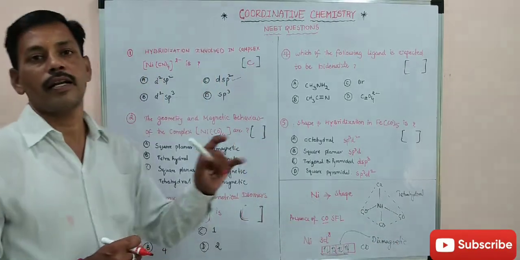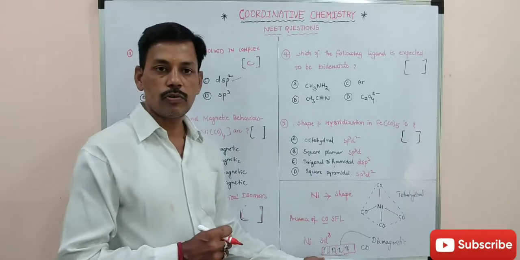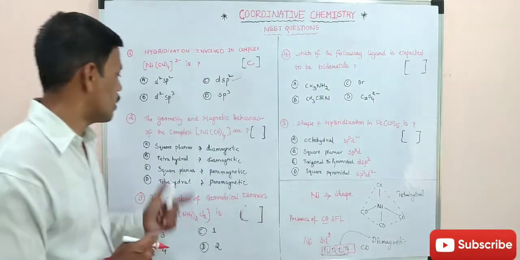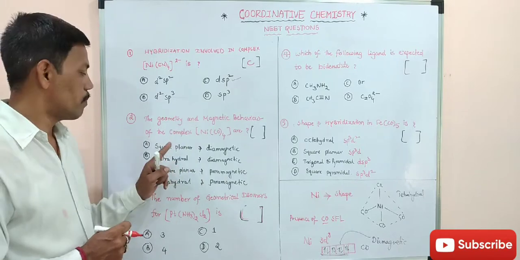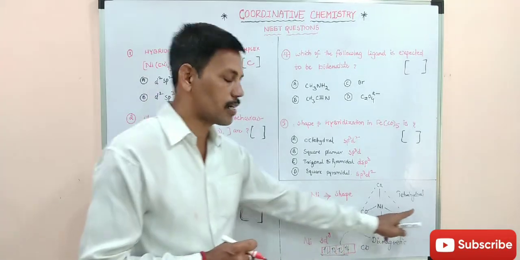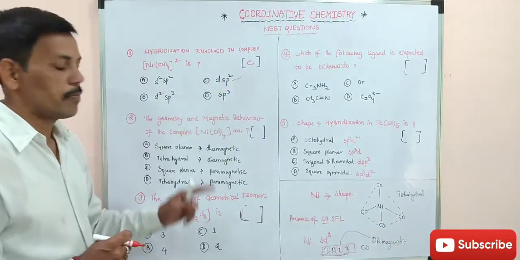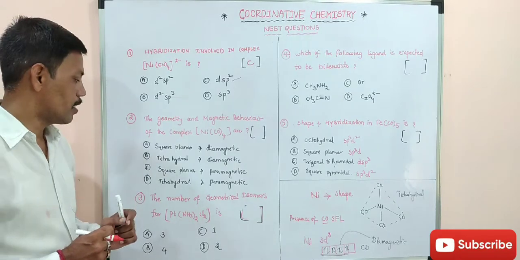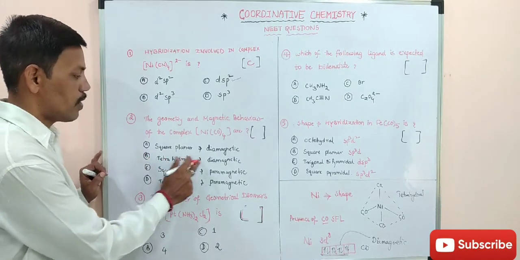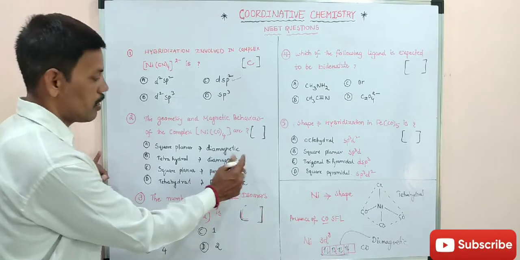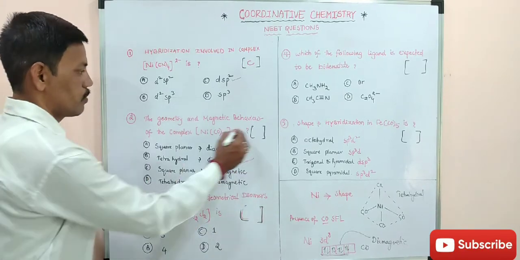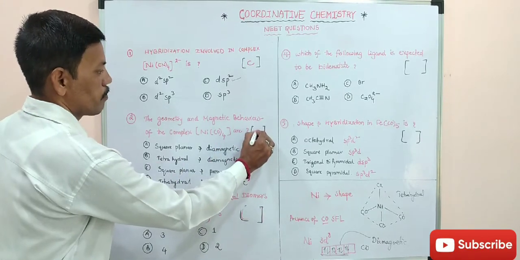Unpaired electrons are not present in nickel due to the strong field ligand, so the shape is tetrahedral and the magnetic nature is diamagnetic. So this one is the correct answer. The answer is B.